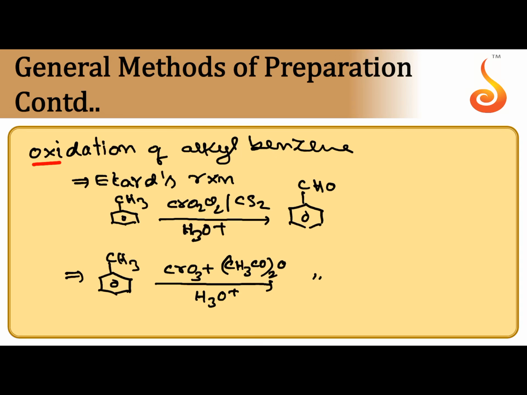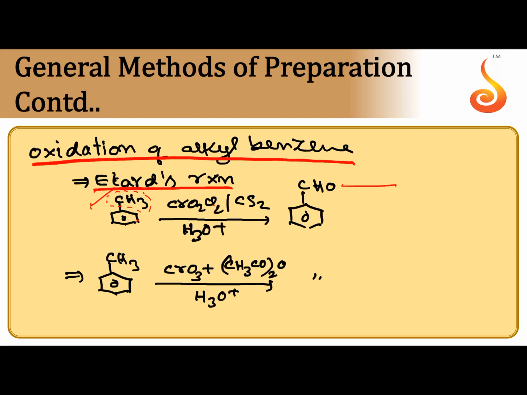Next one, oxidation of alkyl benzene. So for the preparation of aromatic aldehydes, oxidation of alkyl benzenes we can use. Etard's reaction. Methyl benzene, say toluene, when it is subjected to oxidation with chromyl chloride in the solvent carbon disulfide followed by hydrolysis, CH3 part is oxidized to CHO, that is benzaldehyde.